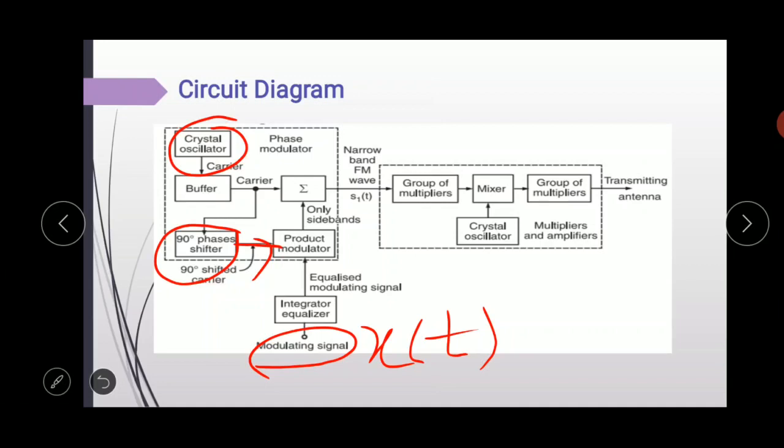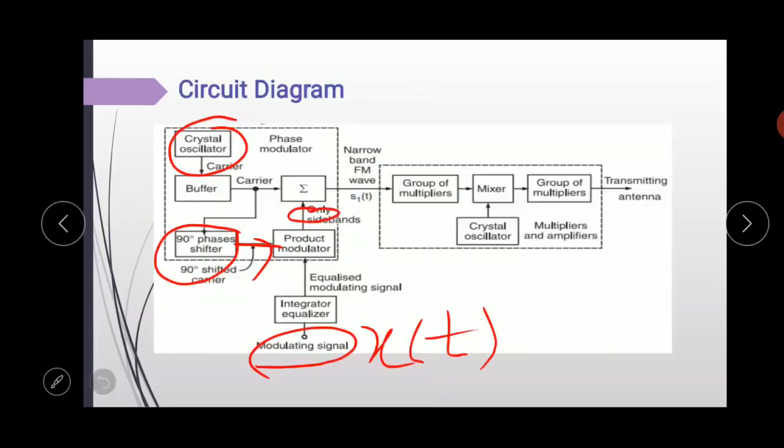So, here the output signal consists of only two sidebands with their resultant in phase with the 90 degrees shifted carrier. What is that resultant? See here. The crystal oscillator generates a carrier signal with 0 degree phase.